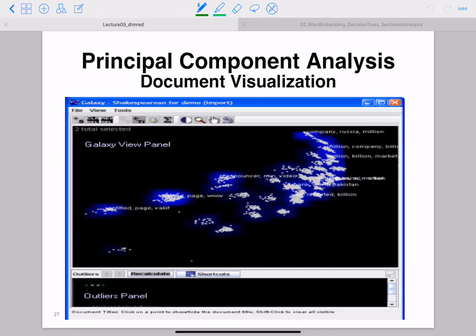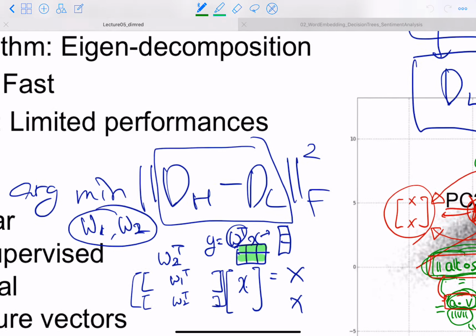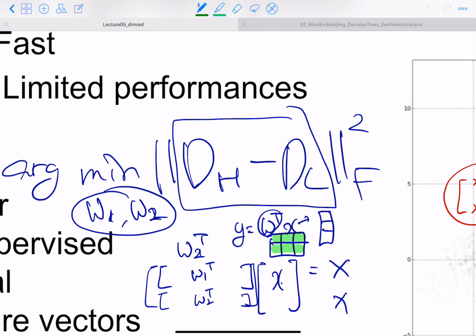But also, if we assume a linear mapping, we can just utilize eigendecomposition to conveniently compute the optimal solution that minimizes the low and high dimensional pairwise distances.